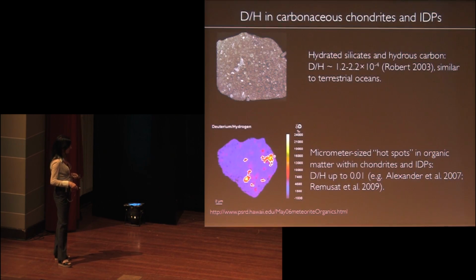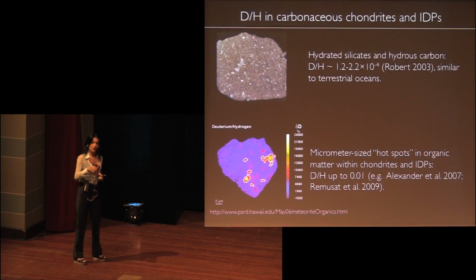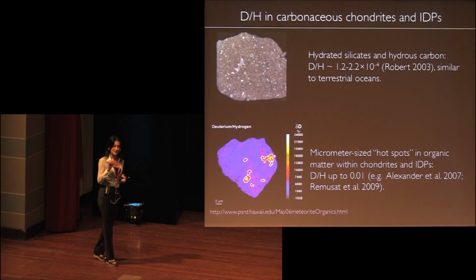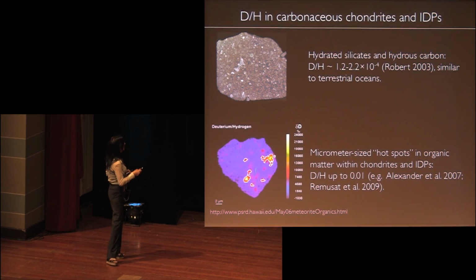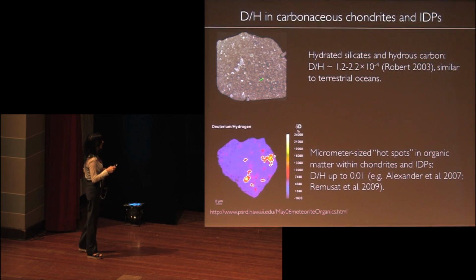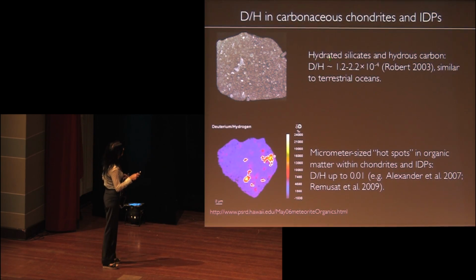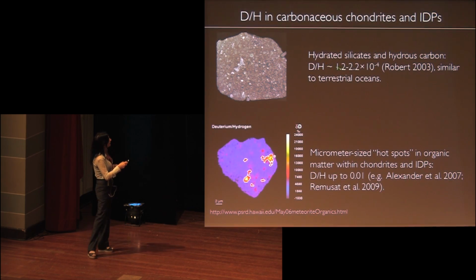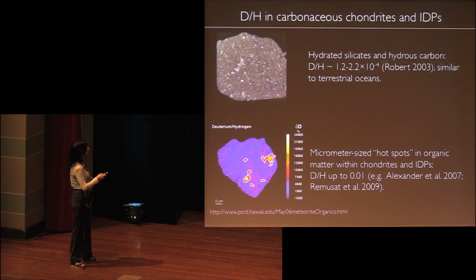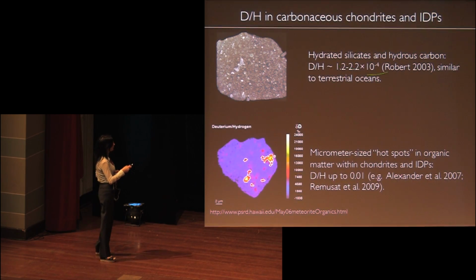And let's go a little bit in more detail. We have some measurements of these carbonaceous chondrites that show very interesting numbers. One is that, for example, for the hydrated silicates, so these clay minerals, etc., we have D over H ratios that are very similar, and this was already said in the previous talk, to the ocean deuteration. So this is the deuteration of water.